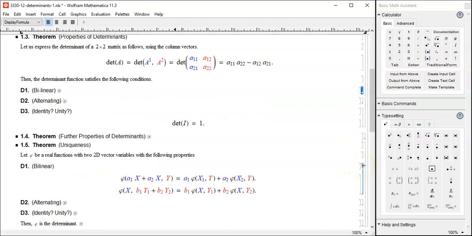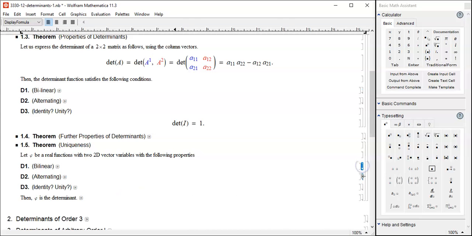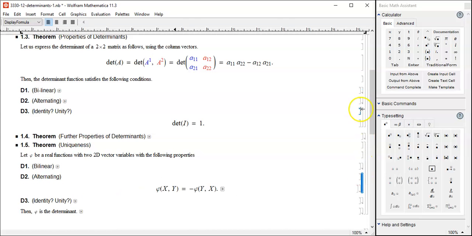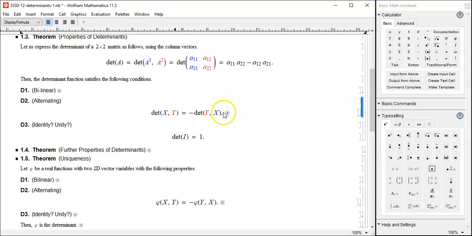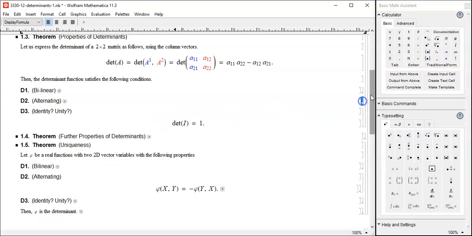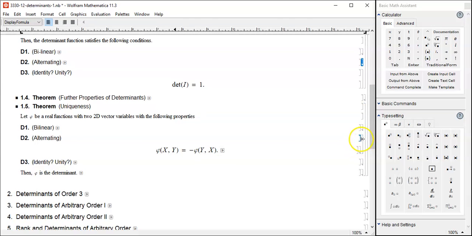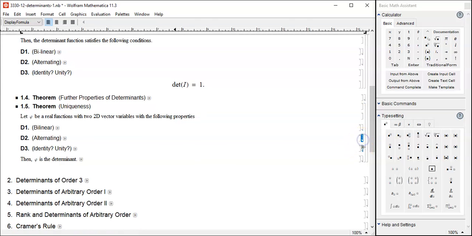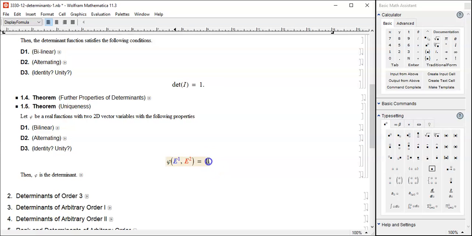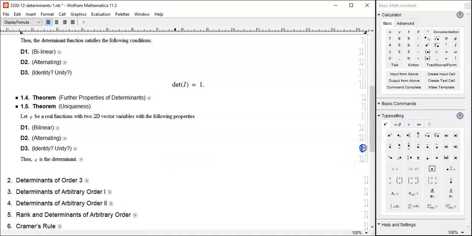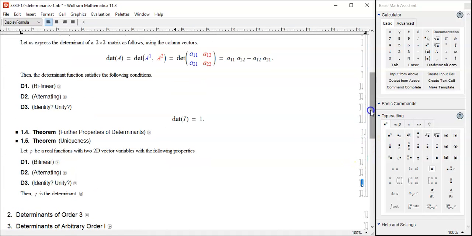So a certain map has bilinearity and also alternating property: phi of x, y equals minus phi of y, x, all right? And then one more. Phi of identity is 1. And this is 1, 0, and this is 0, 1. Then this map phi is determinant.